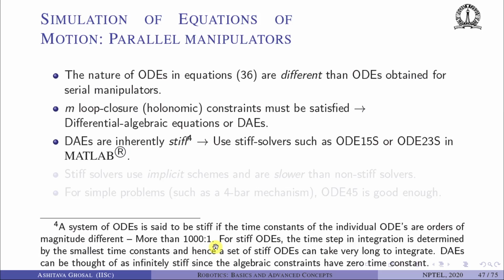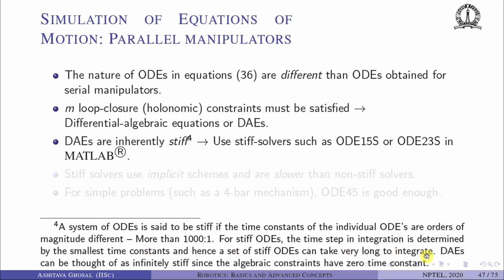Now, if the time constants for some variables are much smaller than the others, then these equations are called stiff. So there should be a spread in time constants, and if it is more than 1000 to 1, we call them stiff. For stiff ODEs, the time step in integration is determined by the smallest time constant, and hence a set of stiff ODEs can take very long to integrate.